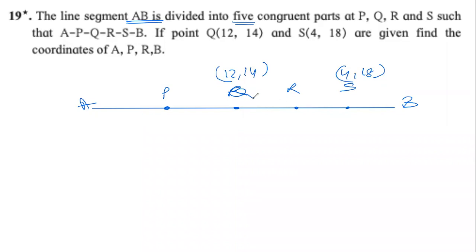In the questions that we have solved before, we were given the coordinates of A and B also. Now we don't have them. No need to worry. Because we are dividing in 5 equal parts, we can say that P divides the line segment AB in the ratio 1:5. Q divides in the ratio 2:5.